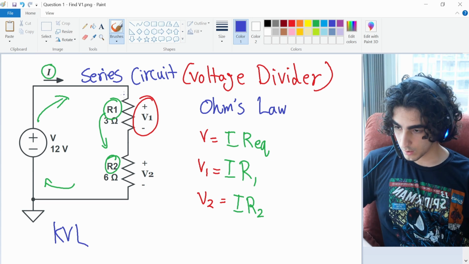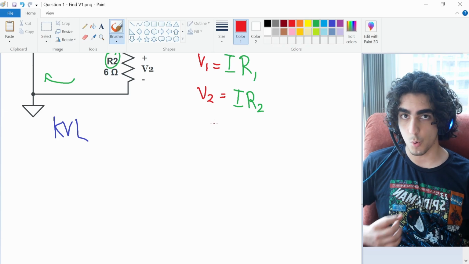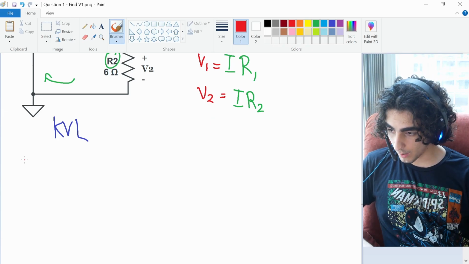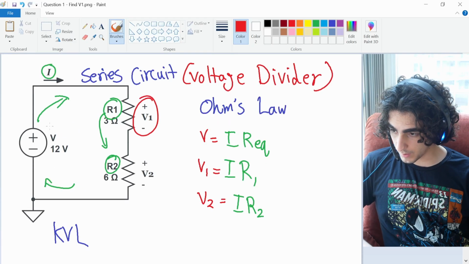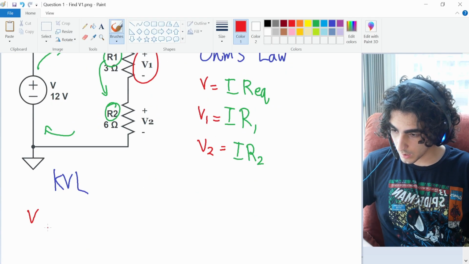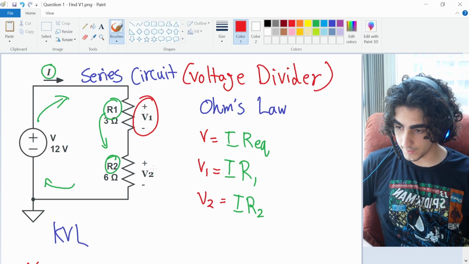So how can we actually write that down? What does that look like in equation terms? Following KVL, we have 3 voltages here. We have the original source, V, and now we have V1 and V2.